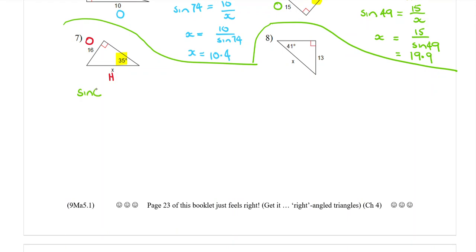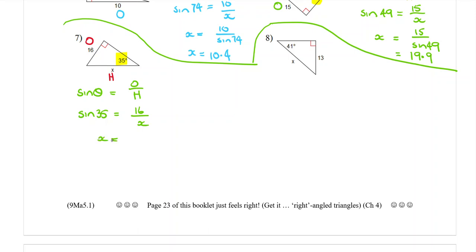Okay, so it should be sine theta equals opposite over hypotenuse. Sub in the numbers from your diagram. The 35 degrees is the theta. The opposite is the 16, and the hypotenuse is the x. Right, x is on the bottom, which means switch places.